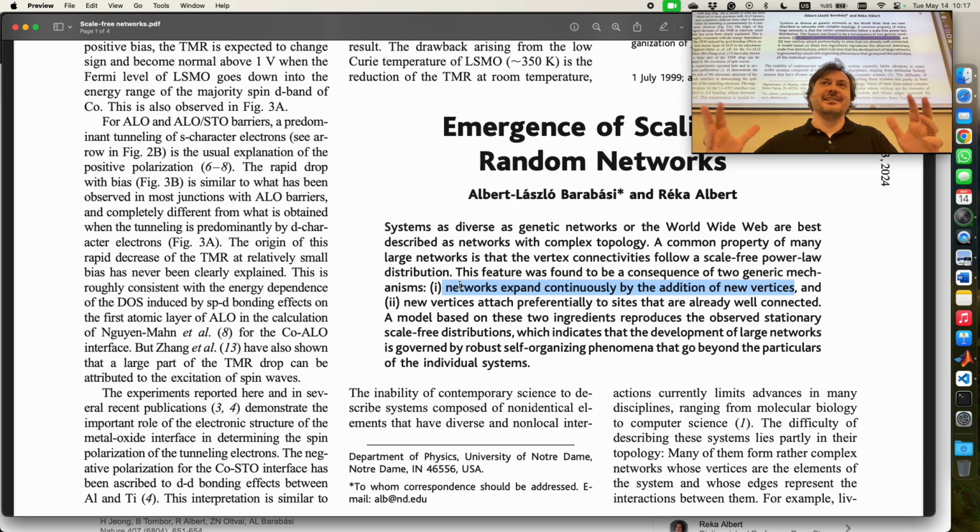Okay, like give me, yes, if possible, yes. But this is saying that if we want to get this property, we need to start from scratch, from a few websites. And then the second part is new vertices attached preferentially to sites that are already well connected.